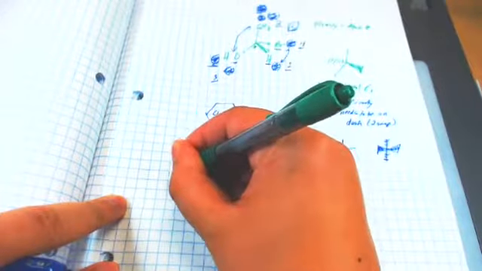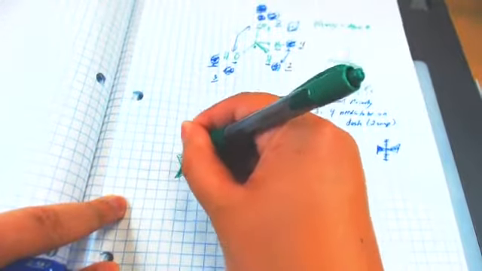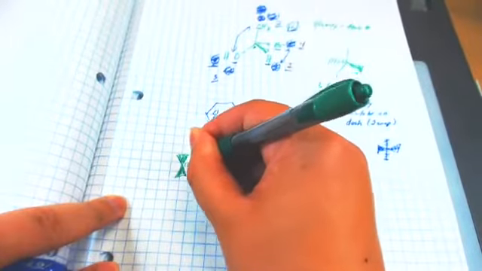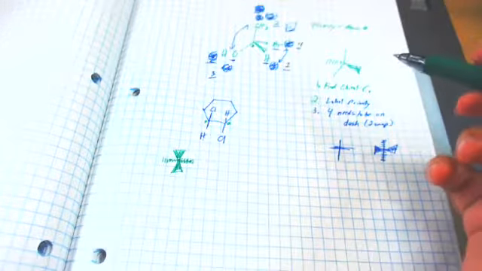So we're going to do opposite Fischer. Opposite Fischer says that wedges go top and down, and everything else is dashes. With this method, any questions?